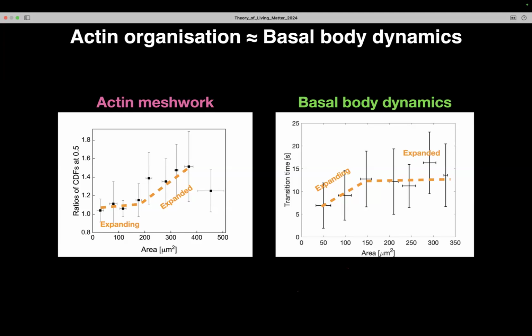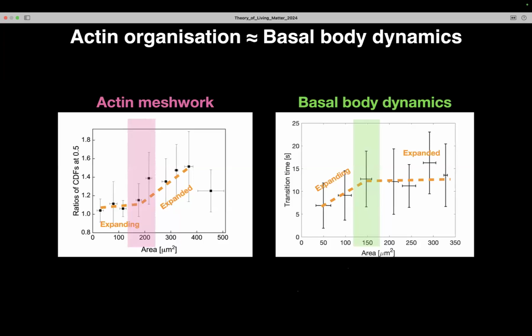So in fact, we are describing the behavior of the system from two different perspectives. On the left-hand side, we describe how the actin network is reorganizing as the apical domain is expanding. And on the right-hand side, we describe how basal body dynamics is changing in time as the apical domain is expanding.